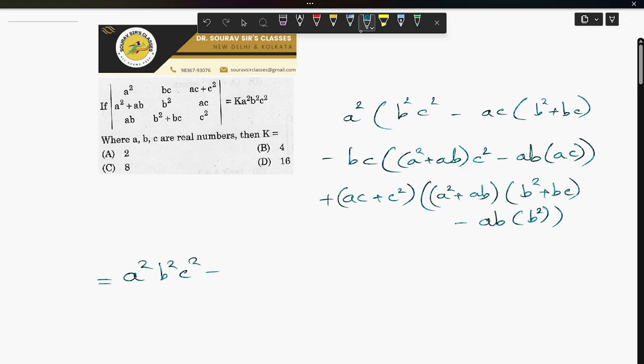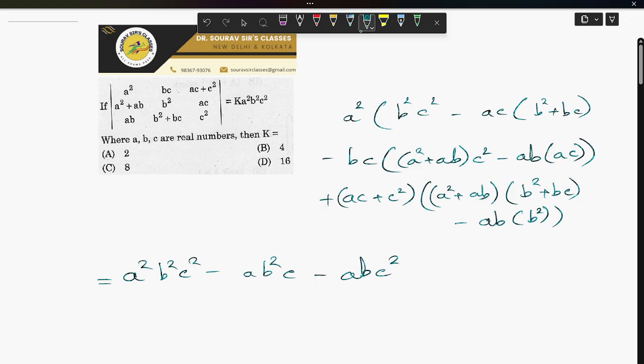We are just expanding the given equation here. AB square C minus we will get AB square.